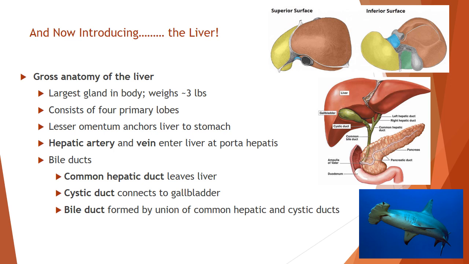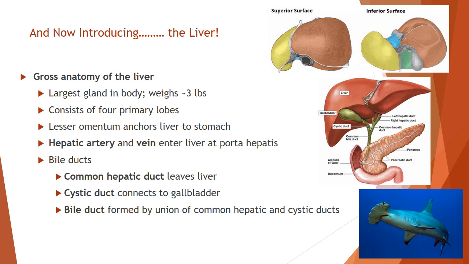There's one that leaves the actual liver, one that connects to the gallbladder, and then the bile duct itself, where those 2 ducts join together. You can kind of see it in the picture there. The bile duct will empty into the small intestines, with one duct coming from the gallbladder and one from the liver.